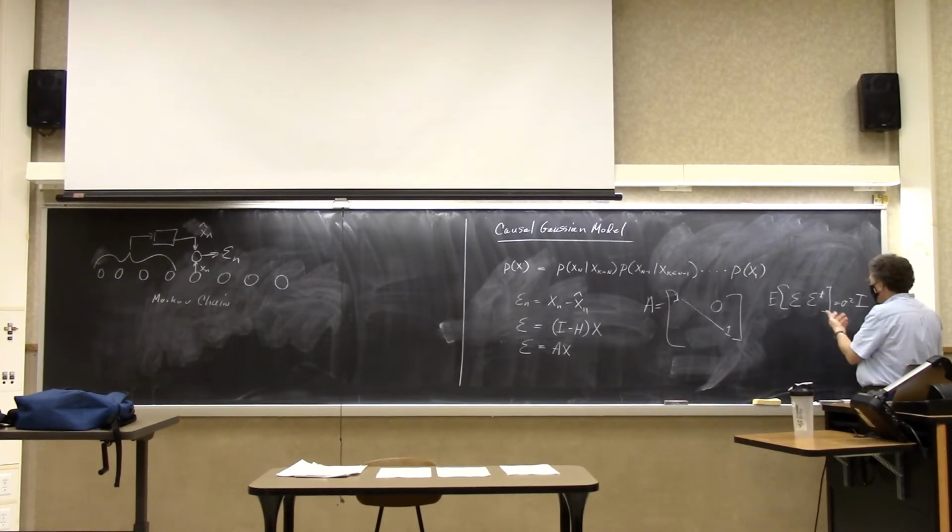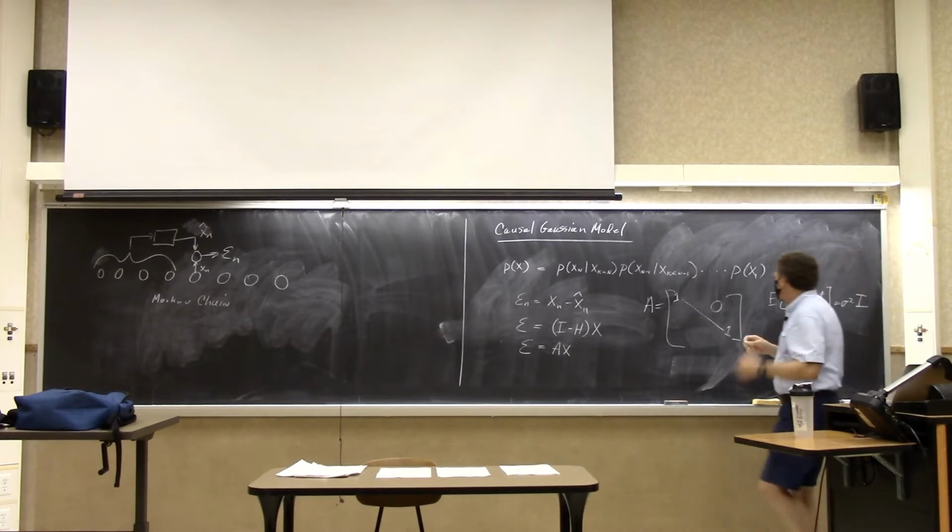But if the prediction variances are invariant, this would be what they call a homogeneous Markov chain. More generally, the prediction variance for each component could be different, a function of time, in which case this would be a diagonal matrix, but not necessarily proportional to the identity.